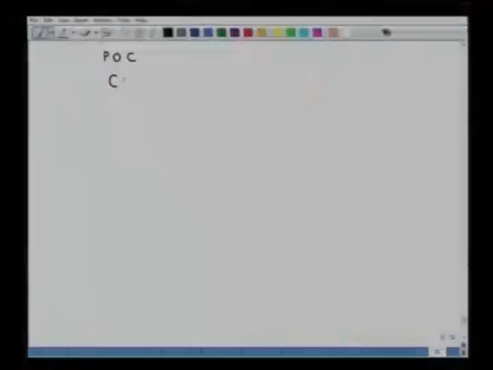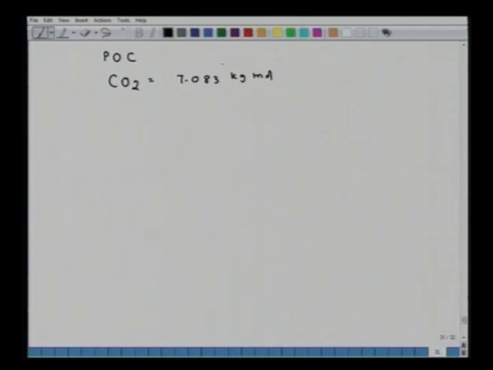So, POC: CO2 will be equal to 7.083 kg mole per 100 kg of fuel.